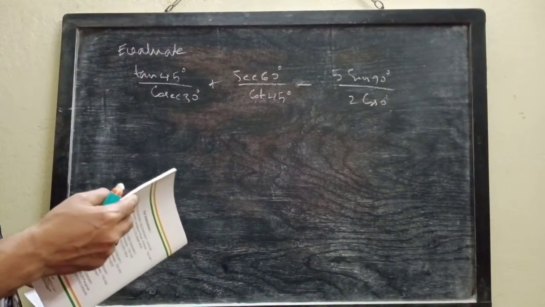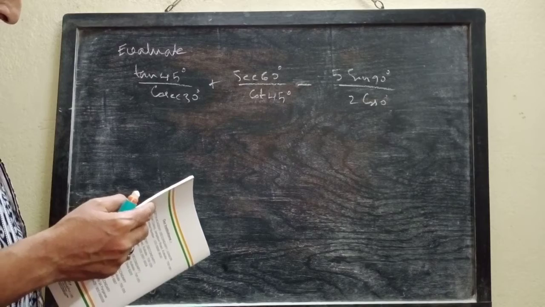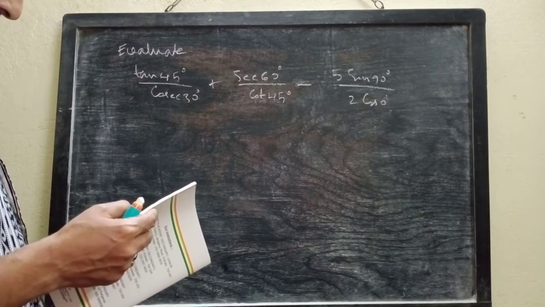Tan 45 degree by cosec 30 degree plus sec 60 degree by cot 45 degree minus 5 sin 90 degree by 2 cos 0 degree.